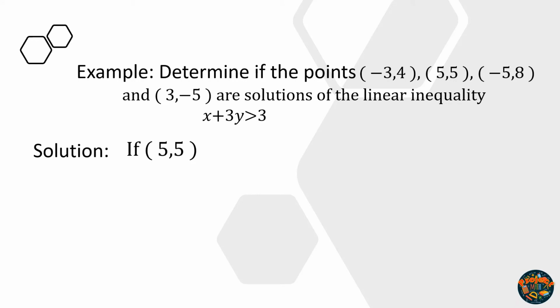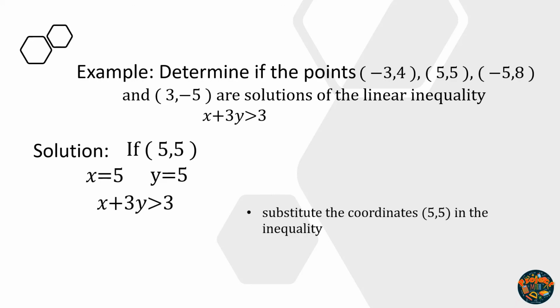So let us have (5, 5). The value of x is 5 and the value of y is 5. So substituting these values or coordinates in the inequality, we have 5 plus 3 times 5 is greater than 3. Then simplify. 5 plus 3 times 5 is 15.